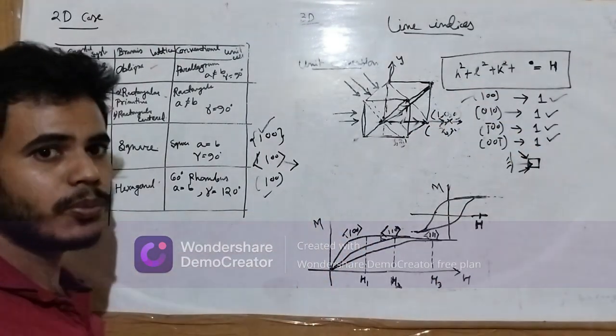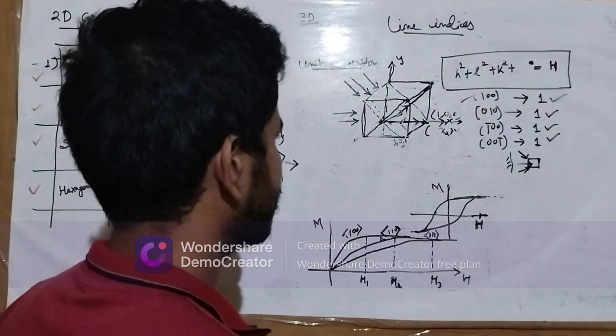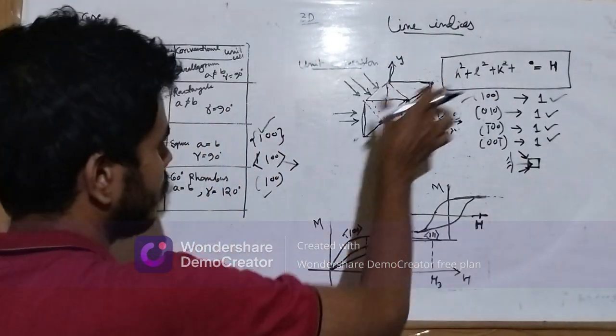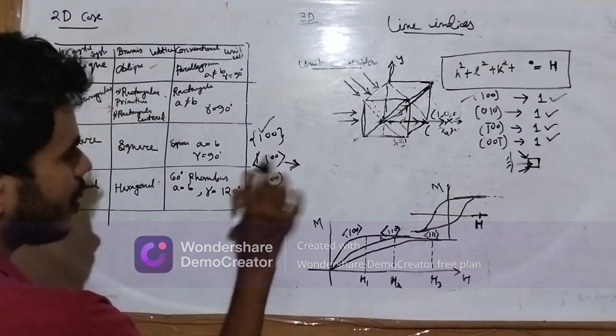That's why it's important to define a family of lines to study these properties.